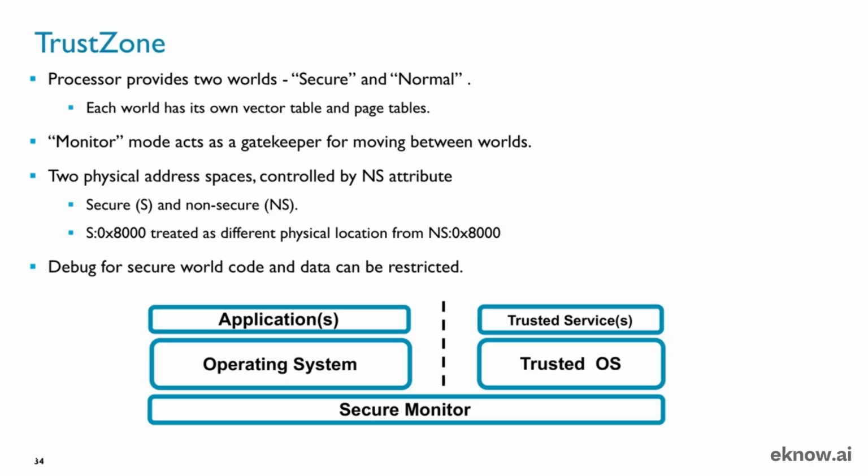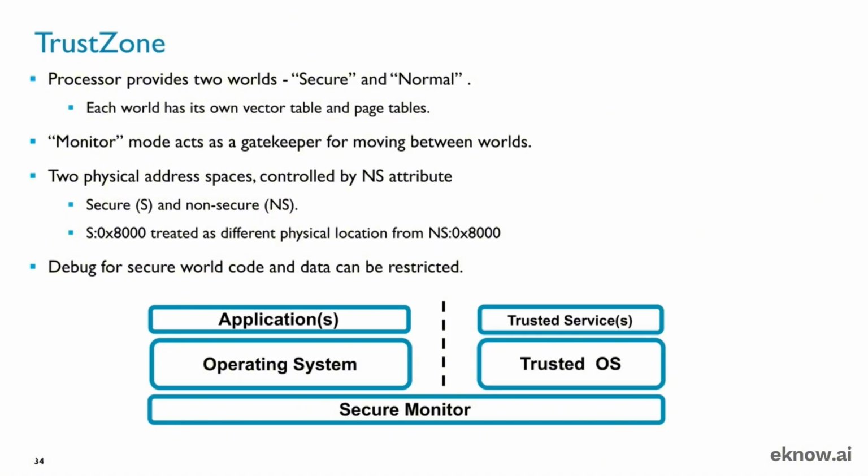Now, how do you communicate between these worlds? You can't just jump from a normal application into a secure one. There needs to be a very controlled entry point. This is where the monitor mode comes in. It acts as a gatekeeper. When a normal application needs a secure service, it executes a special instruction that triggers a switch into monitor mode.